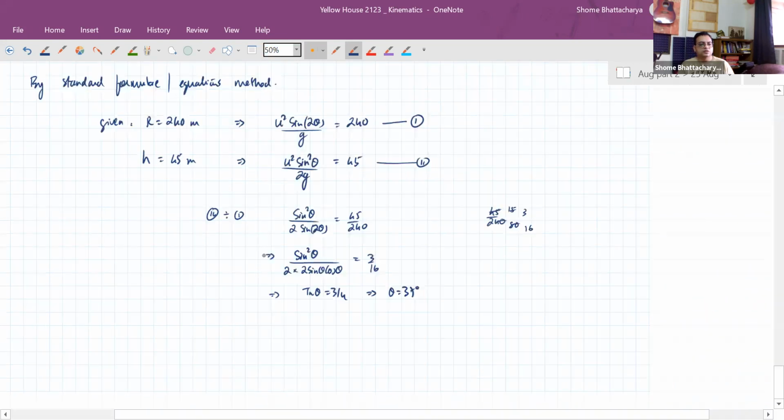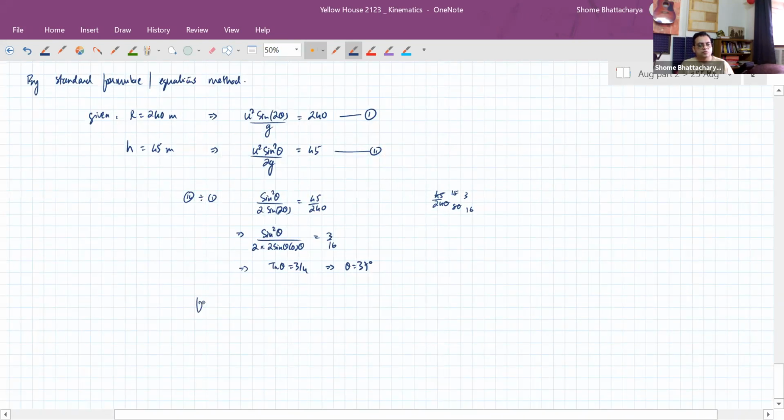Then what we would have done is from either of the two equations, for example, from equation 2, u square into 3 by 5 whole square by 20 is equal to 45. So from this, you would have found out how much u is. So that for the second part, we have that x is equal to u cos theta into t.